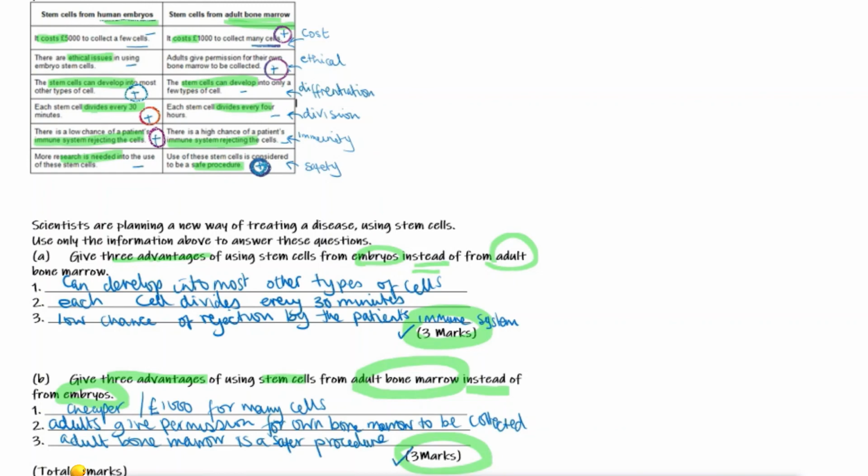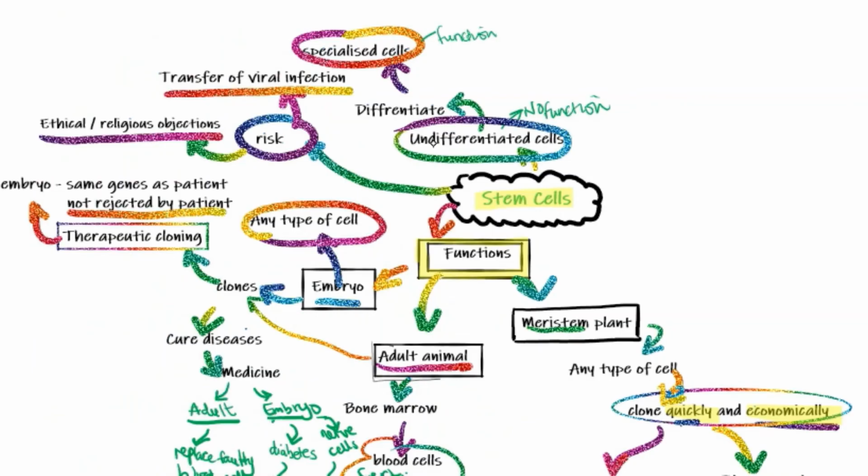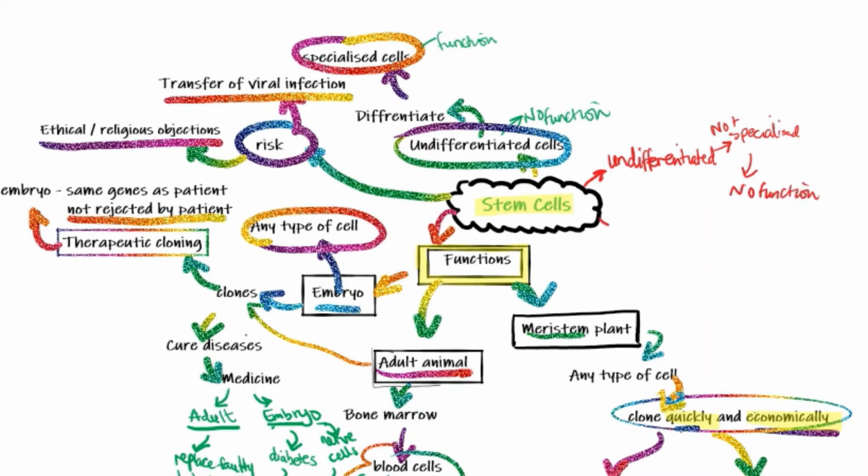The linking word for today is stem cells. When you think of stem cell, you should think of the word undifferentiated. When you think of undifferentiated, you should think of not specialised. And when you think of not specialised, you should think of no function. Also, when you think of stem cell, you should think of any type of cell.